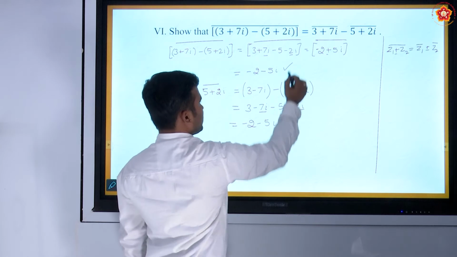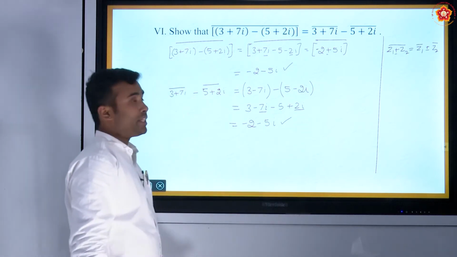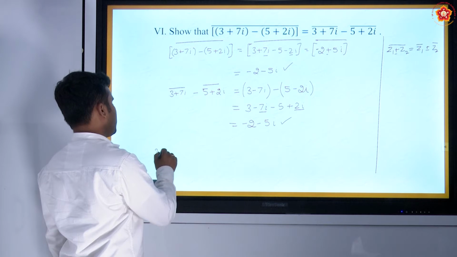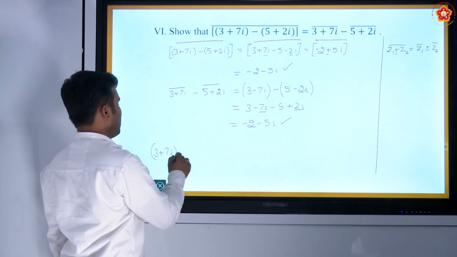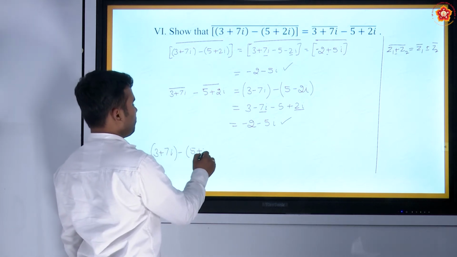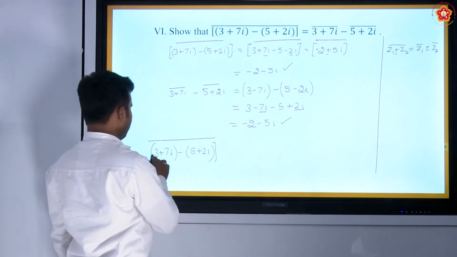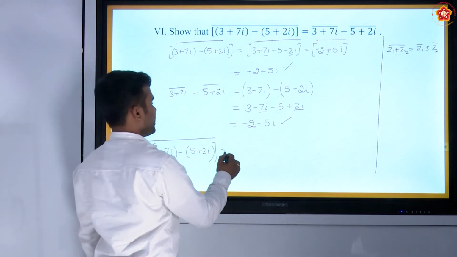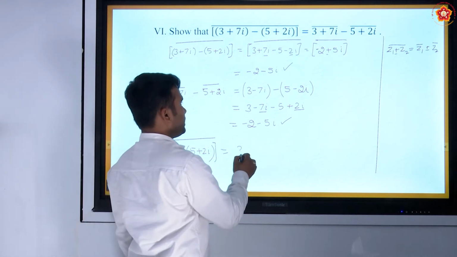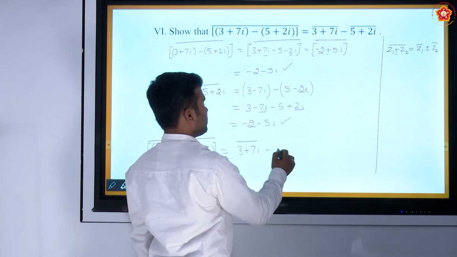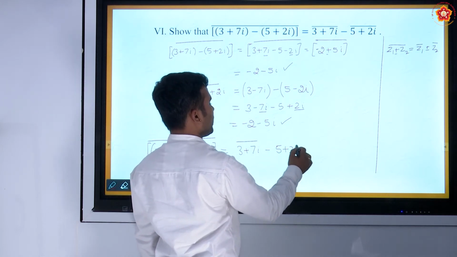So you can look at this too. Both are equal. Hence we can say that (3 plus 7i minus 5 plus 2i) whole conjugate is equal to (3 plus 7i) conjugate minus (5 plus 2i) conjugate.